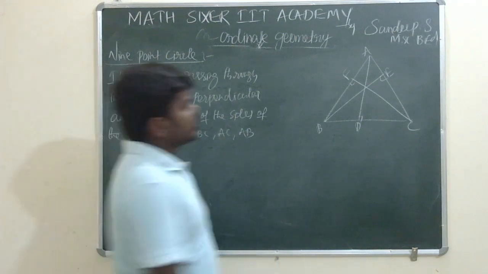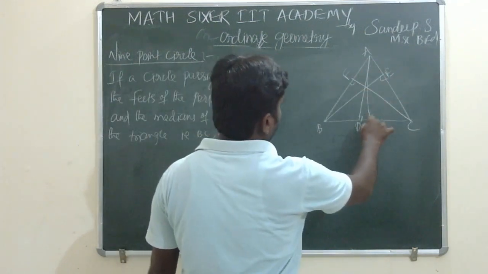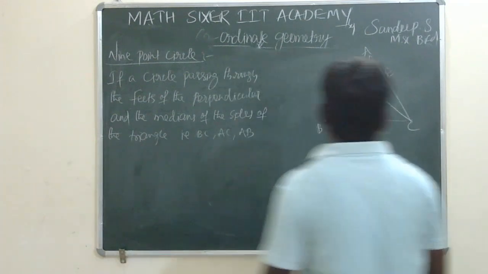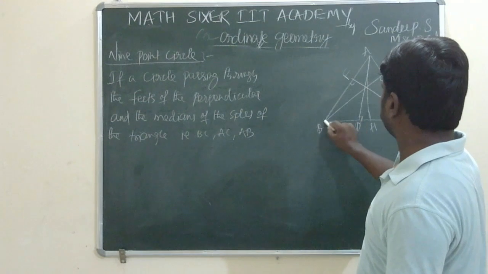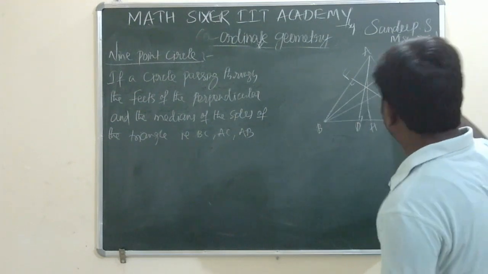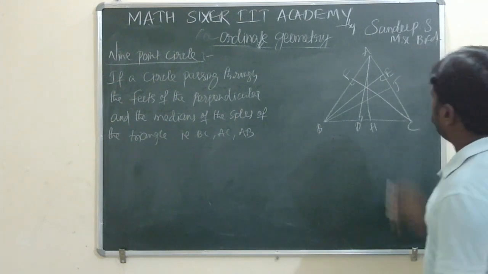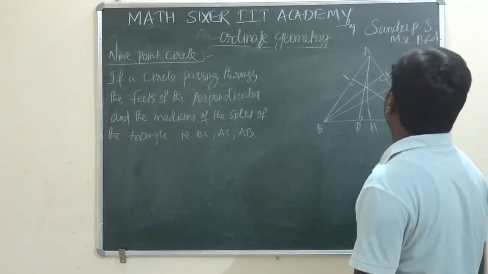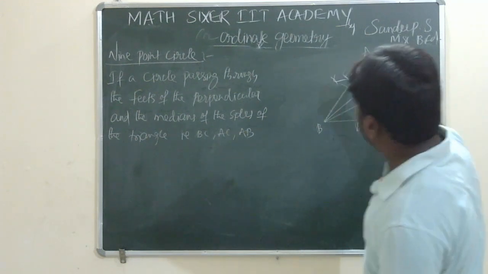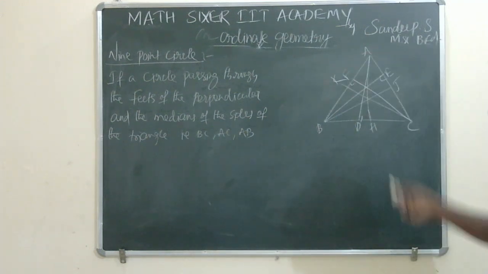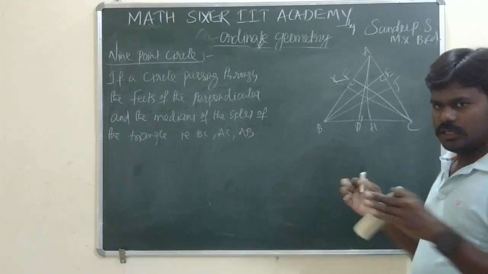So the midpoints here are, suppose, H, and here I will take J, and here K you can take. These are the midpoints, meaning K, J and H are the midpoints of the sides of the triangle.